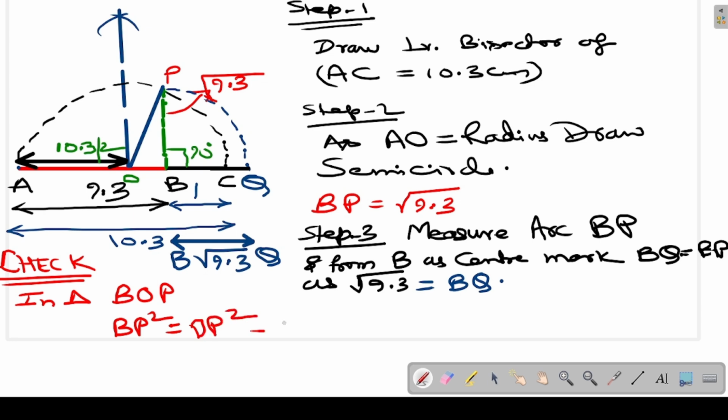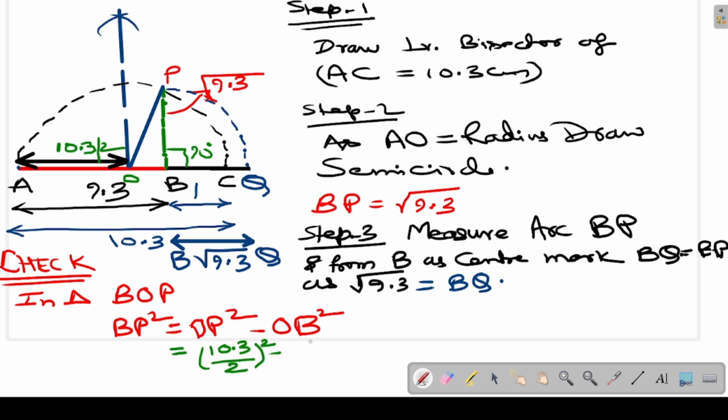So here in triangle BOP, BP is the perpendicular and OB is the base, and OP is the hypotenuse of that right angle triangle. So by Pythagoras theorem we can say the perpendicular square equals hypotenuse square minus base square, that is BP square equals OP square minus OB square. And we know the length of OP.